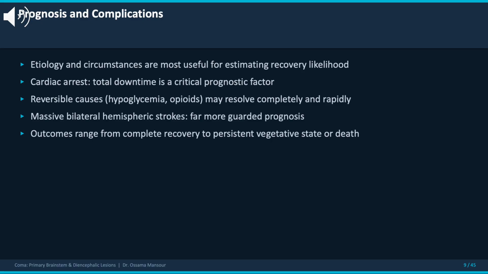Accurate prognostication requires integration of multiple data sources: the clinical examination, the trajectory of change over time, electrophysiological testing, imaging findings, and laboratory results.